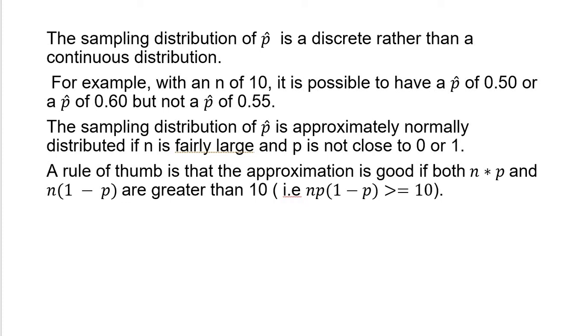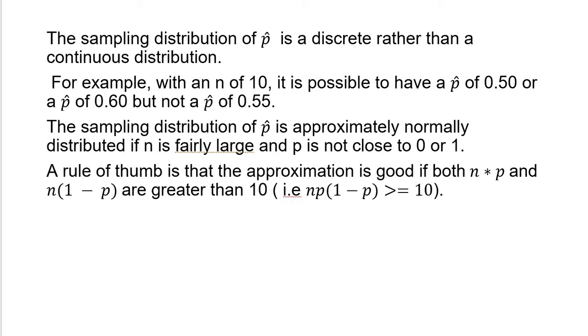Here is the rule of thumb. The distribution of sample proportion is approximately normal, and we can apply the rules that we learned about the normal distribution, if n times p and n times 1 minus p are larger than or equal to 10. So if this rule applies, we can apply the normal distribution rules.